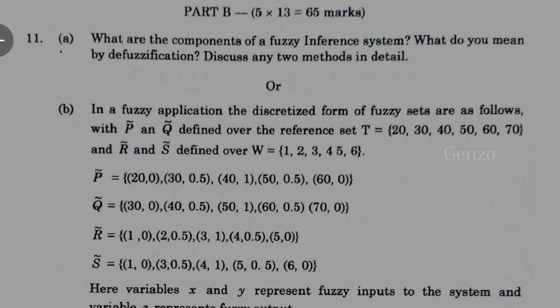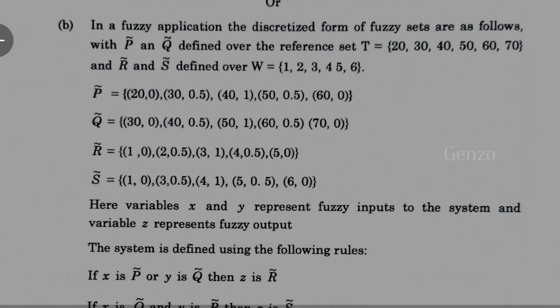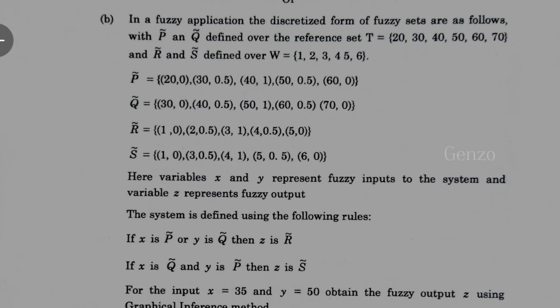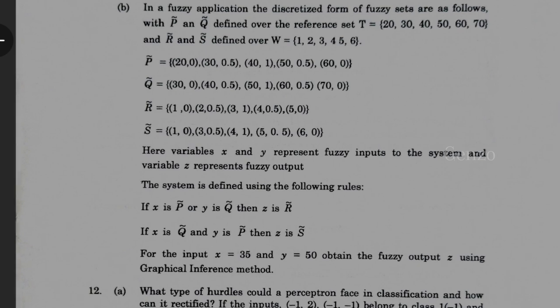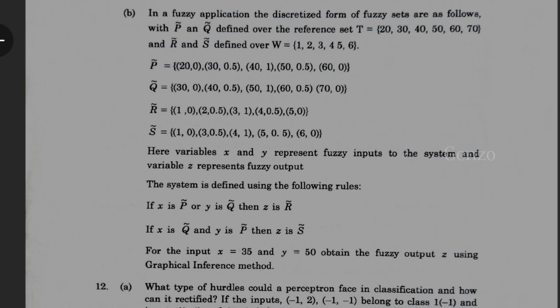Or 11b. In a fuzzy application, the discretized forms of fuzzy sets are as follows, with P and Q defined over the reference set T equal to 20, 30, 40, 50, 60, 70, and R and S defined over W equal to 1, 2, 3, 4, 5, 6.